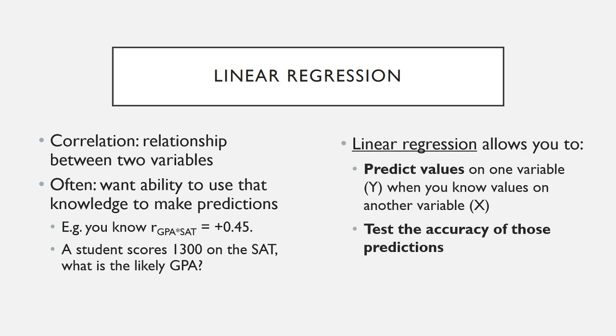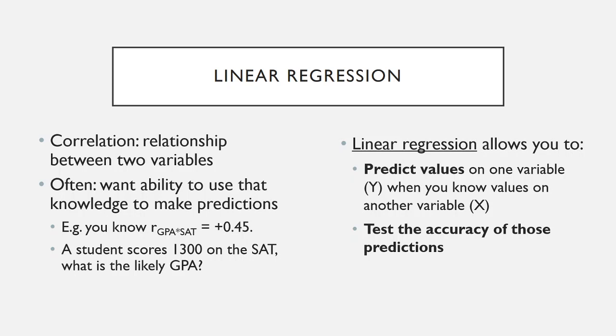So how do you do that? You can't necessarily do that just with your Pearson's R, so you may want to piggyback your linear regression onto your correlational analysis because it helps advance your understanding and what you can do with your knowledge that variables are related. So what linear regression is going to allow you to do is make those sorts of predictions.